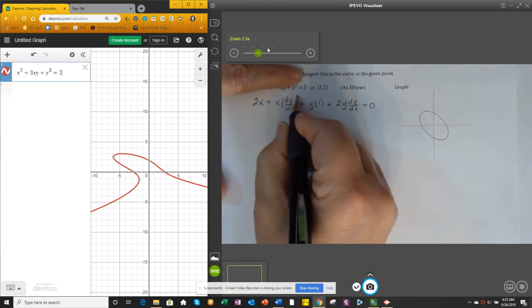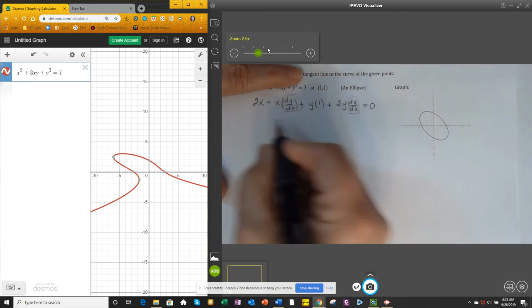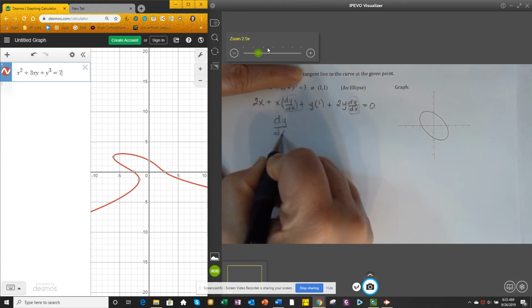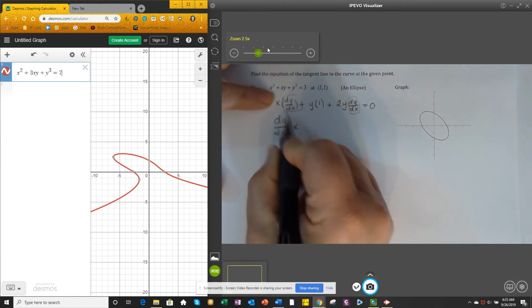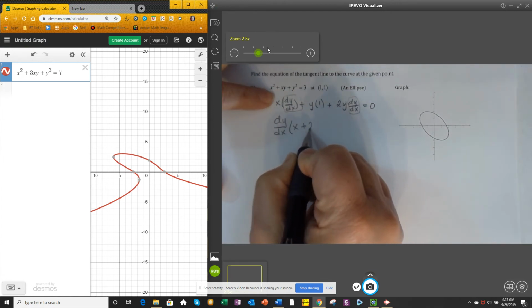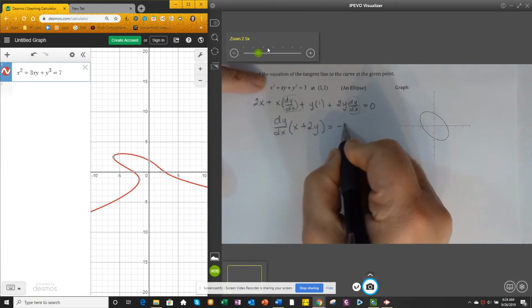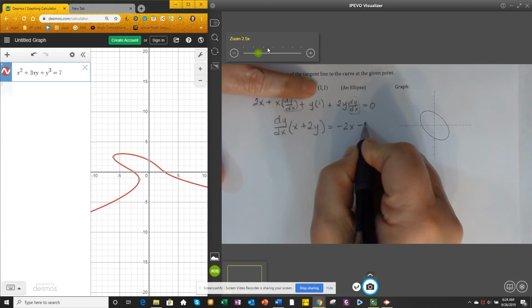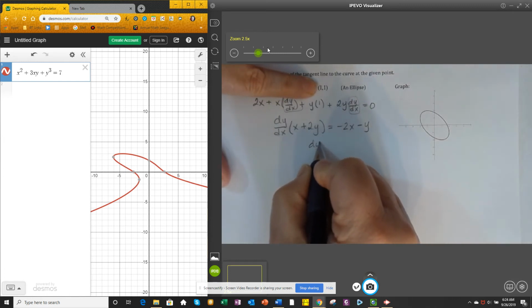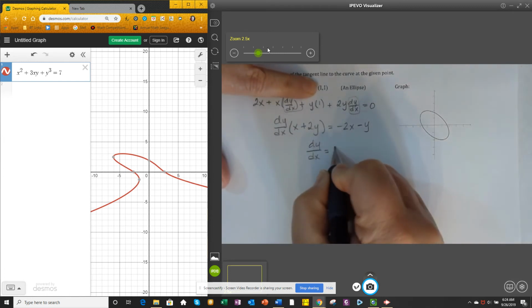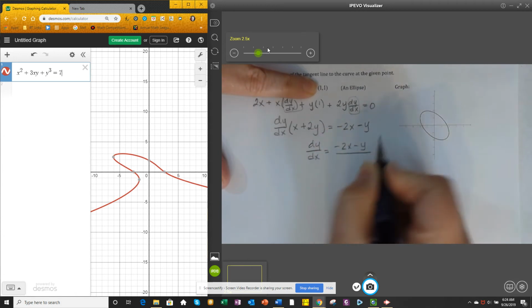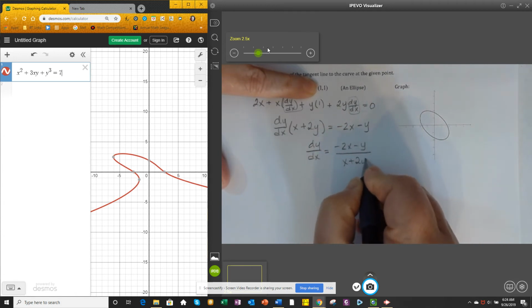And then we're going to solve for dy/dx. So dy/dx, getting the terms factored out here, x plus 2y equals, and I'm going to move these other two terms to the right side, so it'll be negative 2x minus y, and dy/dx is equal to negative 2x minus y over x plus 2y.